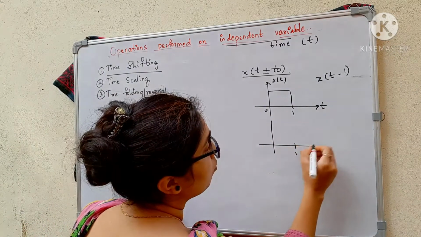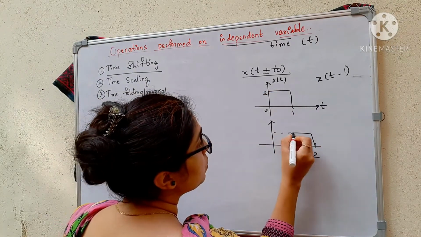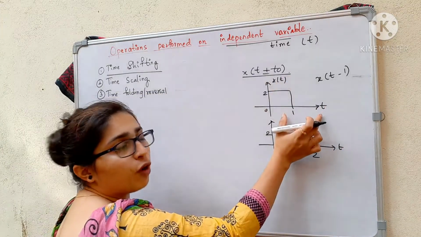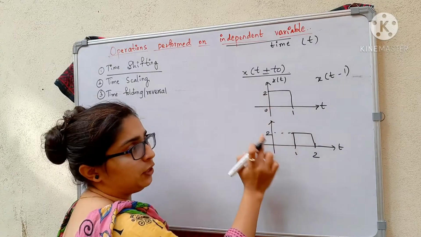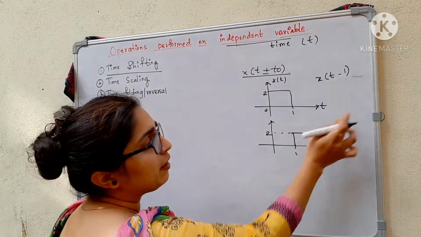From 1 to 2 you get the same thing. If the amplitude is 2 here, it will also be 2 there. This is performed on time, so your amplitude will not be affected.